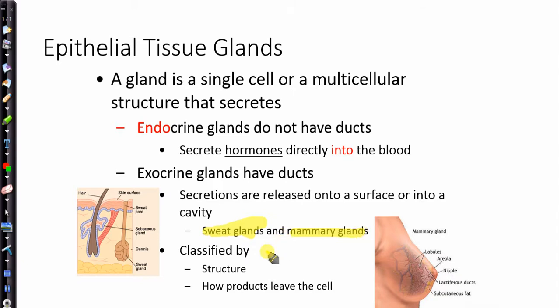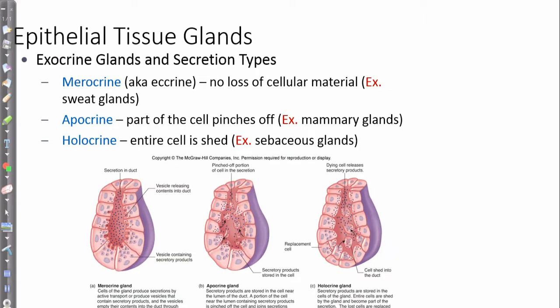And glands are classified in different ways by structure and by how the products leave the cell. Your book gets into some detail on this. We're not going to be as specific about branching and all the lobes and glands. I just want you to focus on the secretion types and these three.